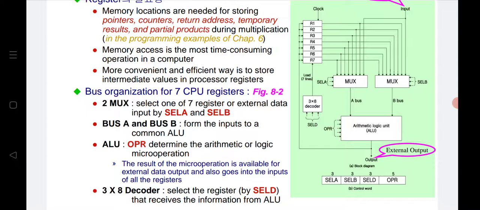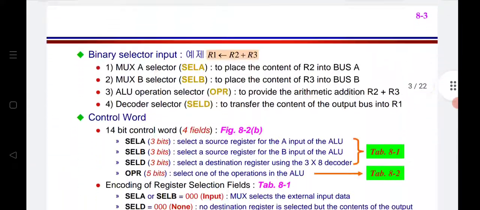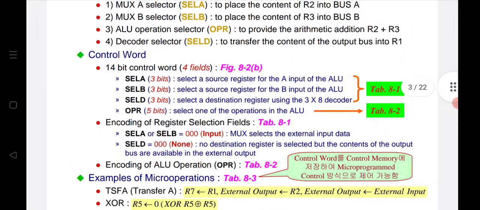Later on you are going to have 5 bits to give the information about the operation to be performed. So this completely is nothing but 14 bits. On this 14 bit control word, 3 bits are for your selection input, the source selection register for the A input. Next, the B field will be your source selection register for your B input.